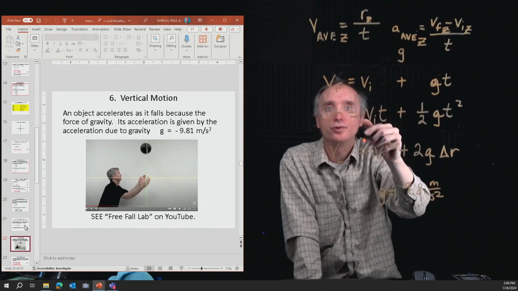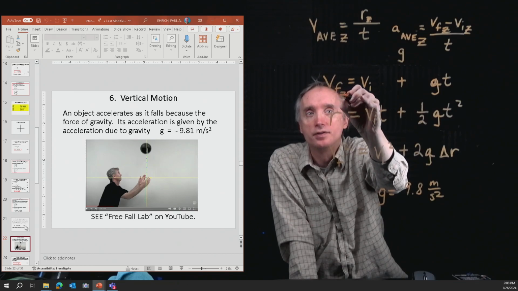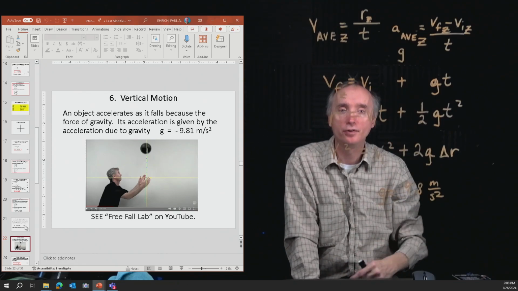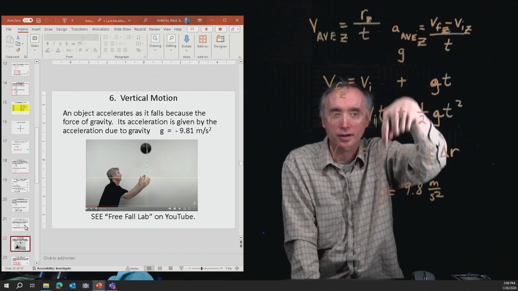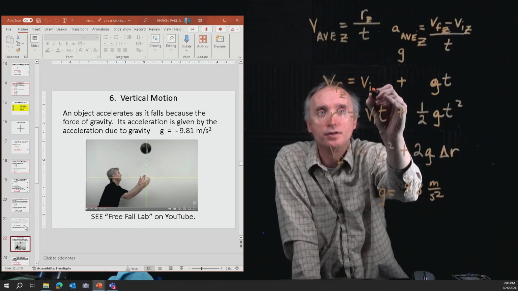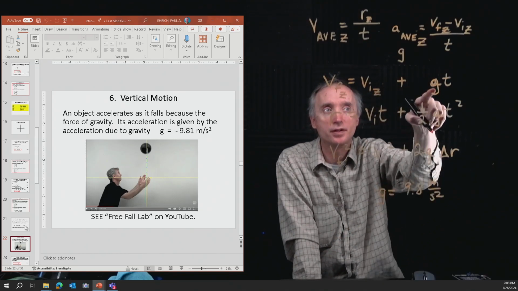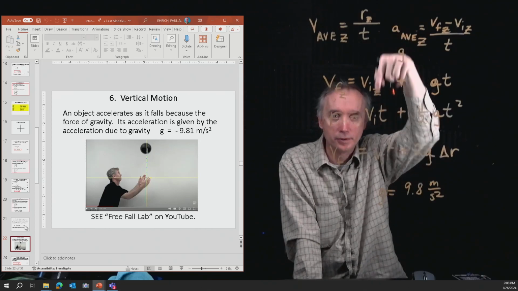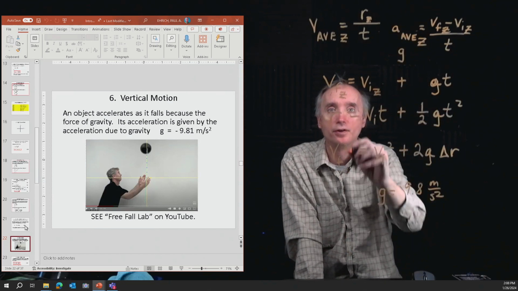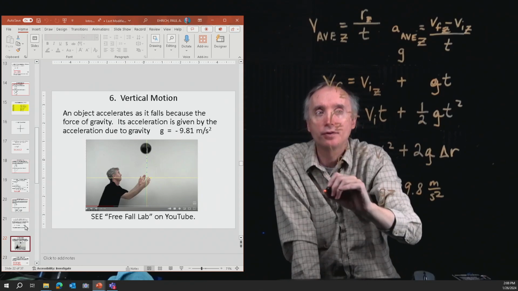Now, we can put subscripts, so let's go ahead and put the z's on there. So this is the final velocity in the up and down direction. This is the initial velocity in the up and down direction. And then this is the gravity in the up and down direction. And then over here, this is the distance that it moves in the up and down direction.